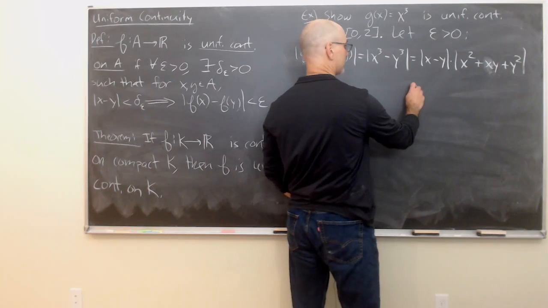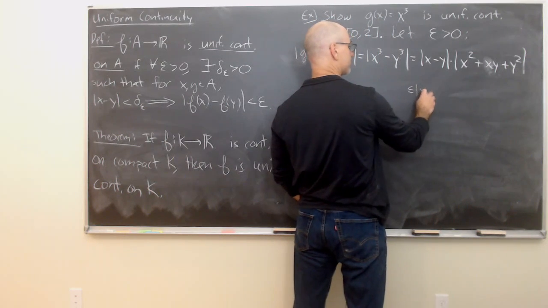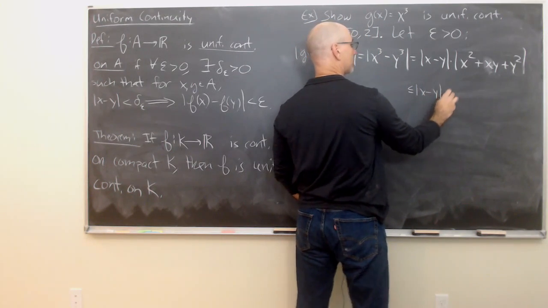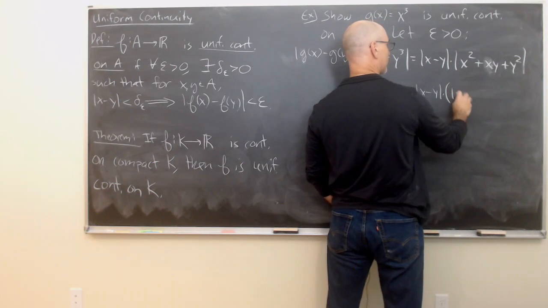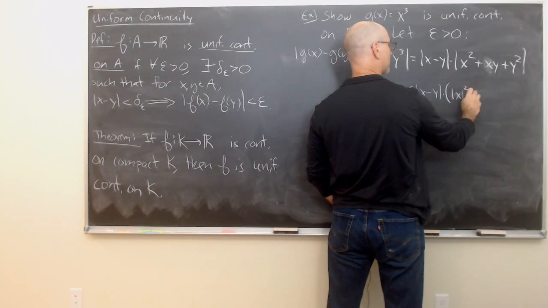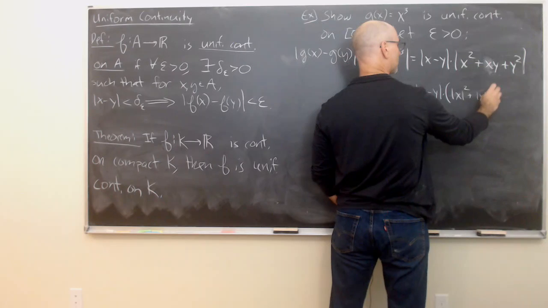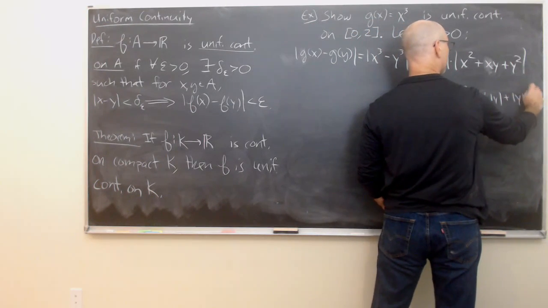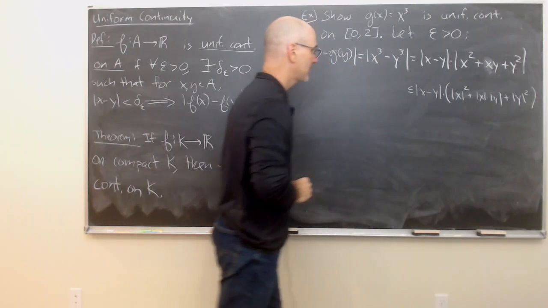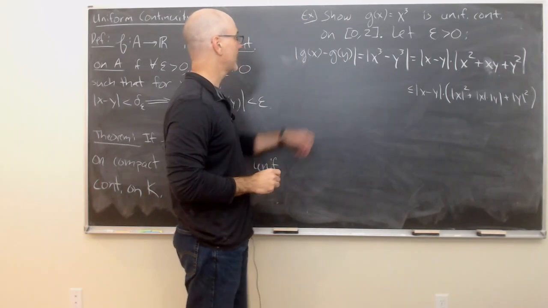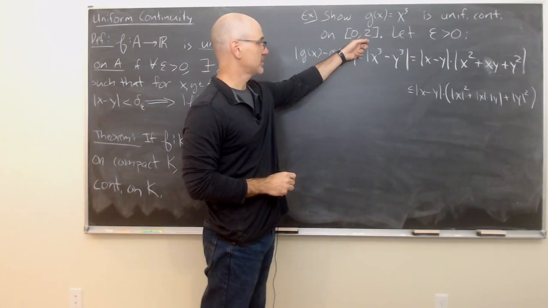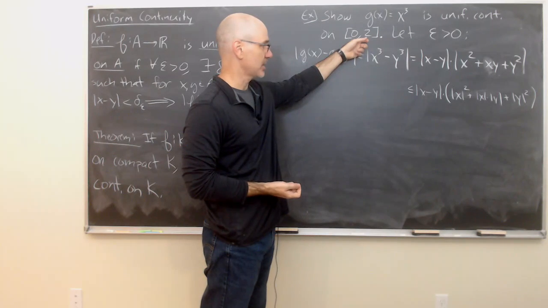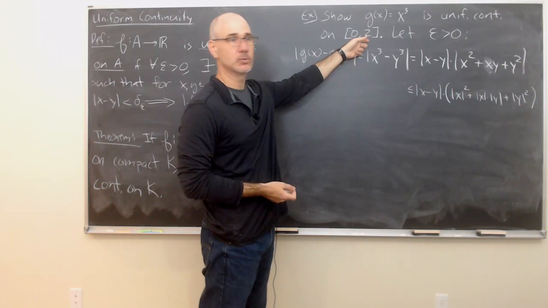Maybe I'll use the triangle inequality first. And now we use the fact that both x and y live in the interval 0 to 2, so the largest that absolute x or absolute y can be is 2.